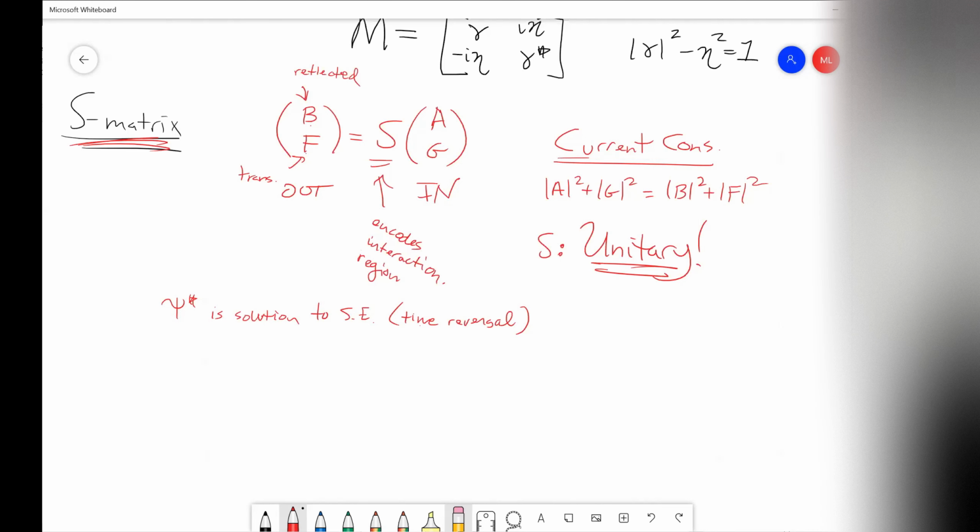So the time evolution according to the Schrodinger equation is time reversible. In that way, the time reverse solution is also a valid solution. So in that time independent case, the equivalent is that psi star is a solution to the Schrodinger equation. So go back to the S matrix though.